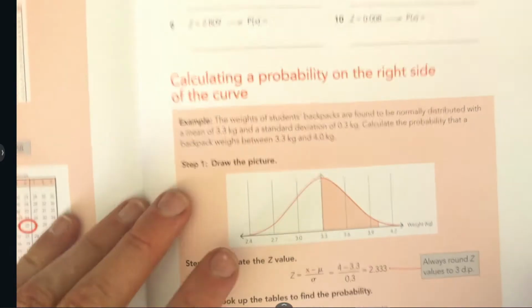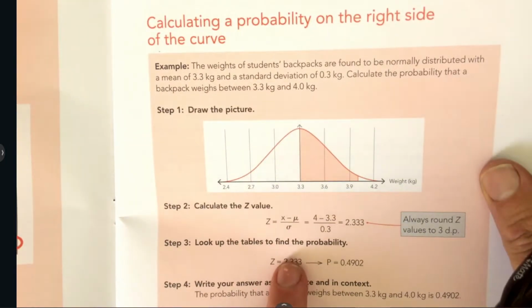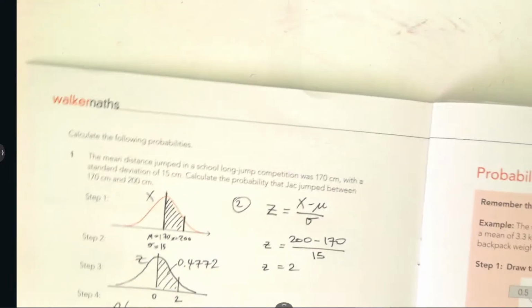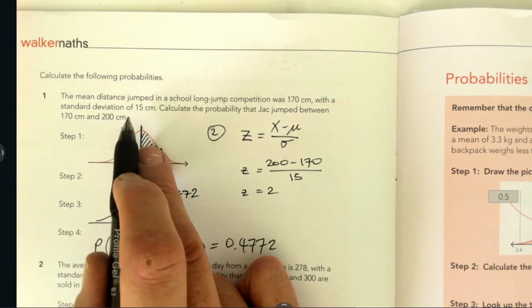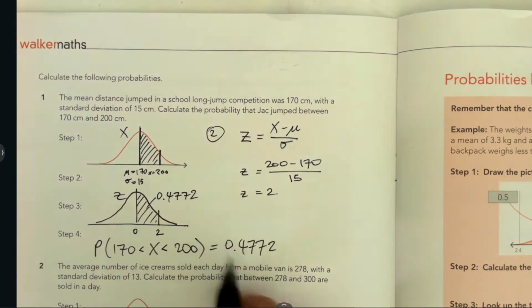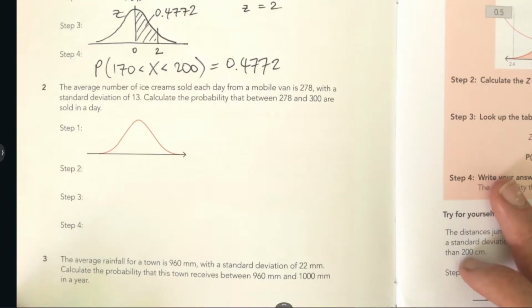They want us to look up, find the probability, which we found, and write your answer in context. You can probably do that. To be honest, in NCEA you won't actually get more marks for writing it in context, so I'm not even going to bother doing that.